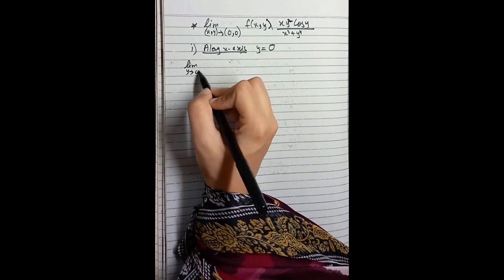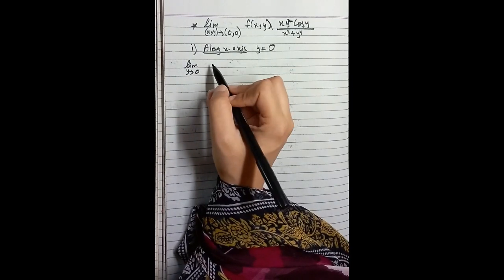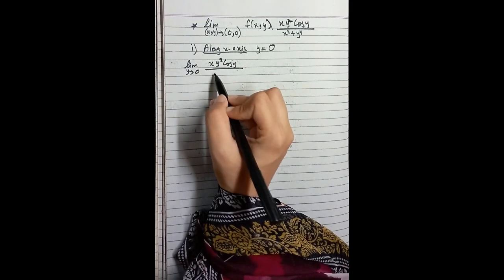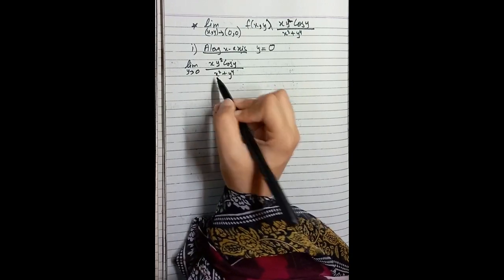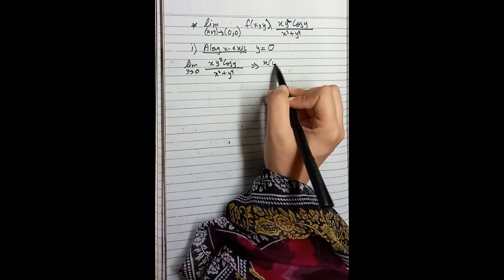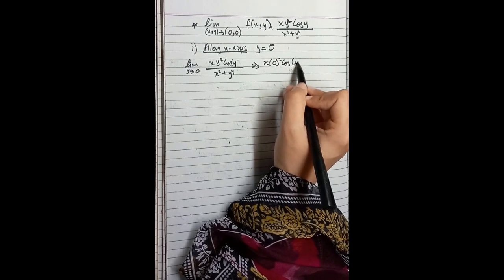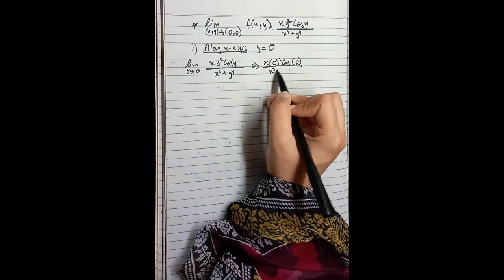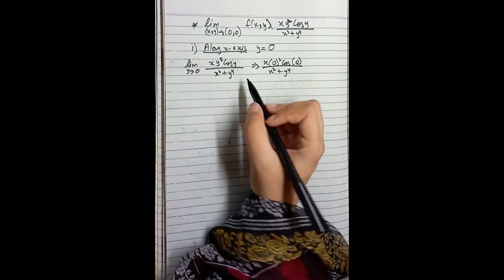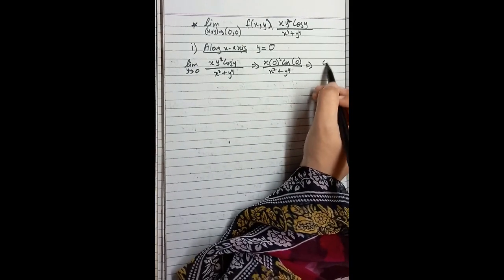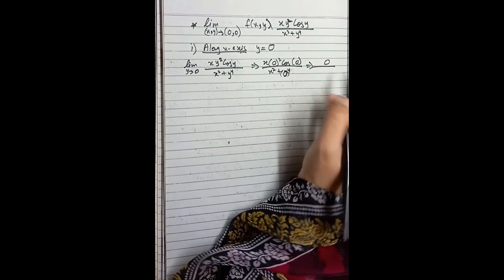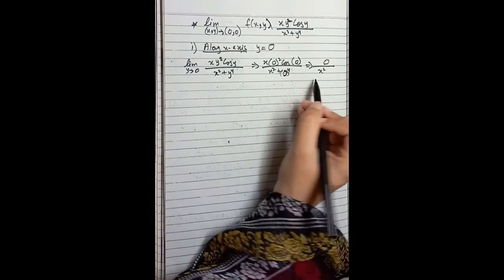But first of all, we will write it as limit as y approaches 0 of our expression x y square cos y divided by x square plus y to the power 4. So in place of y, our value is 0. 0 square cos 0 divided by x square plus y to the power 4. Because of this 0, our numerator is wholly 0, divided by, in place of y we have to put 0, so this is only x square.